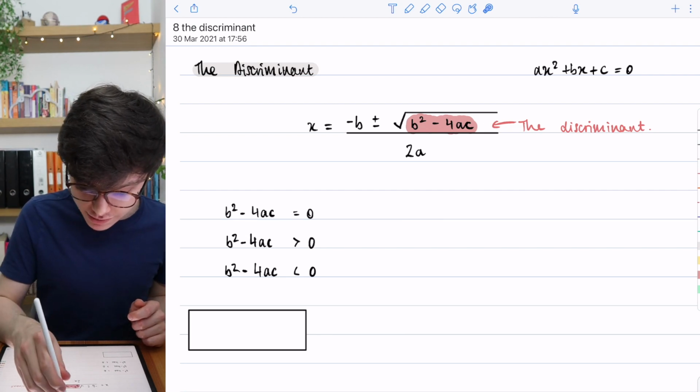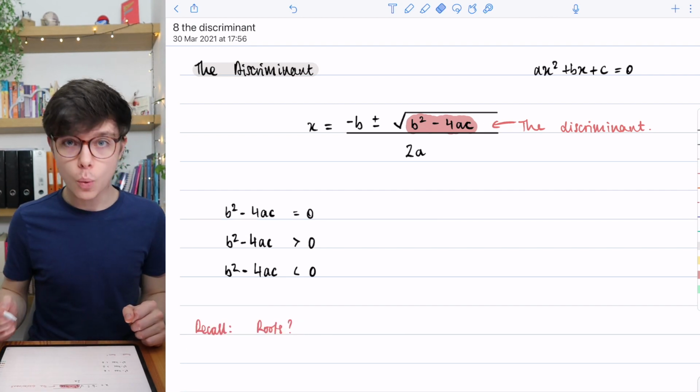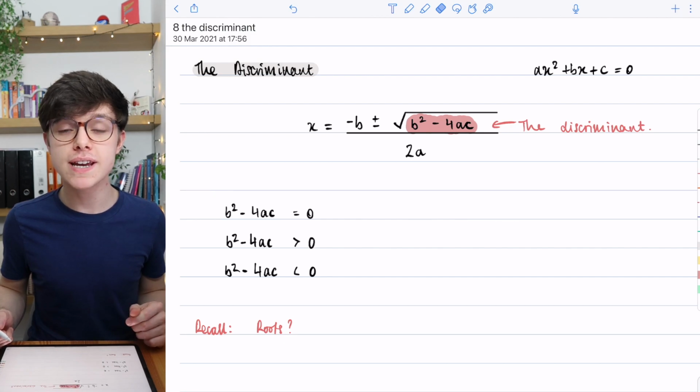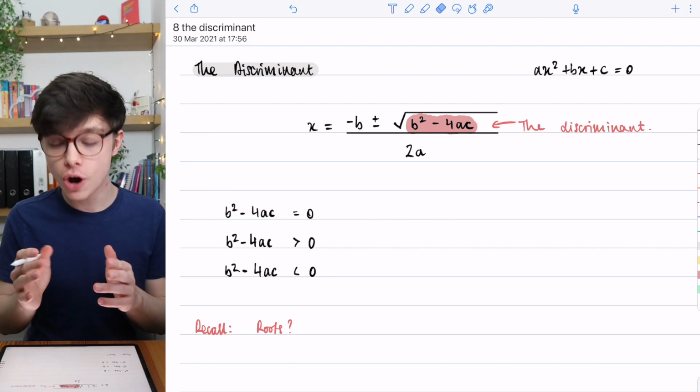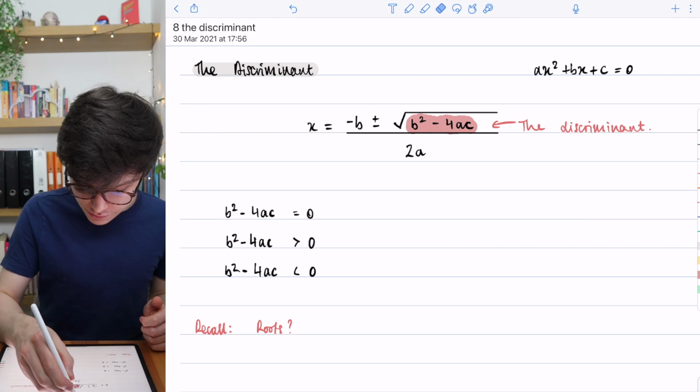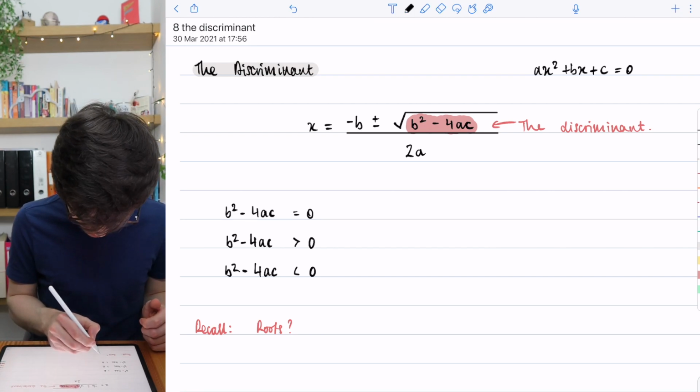Now, before I start writing any of this down, what on earth is a root? If you've seen previous videos of mine, you'll know what a root is, but let's write down the definition.